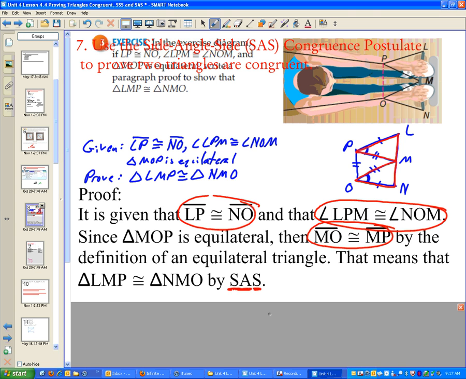It's got to work in that order, though. It's got to be the two pairs of sides congruent, and the angles that are congruent must be the included angles. They can't be off somewhere in another corner. It's got to be the angles that are formed by those sides, by those particular sides that we've listed here and here. Any questions?